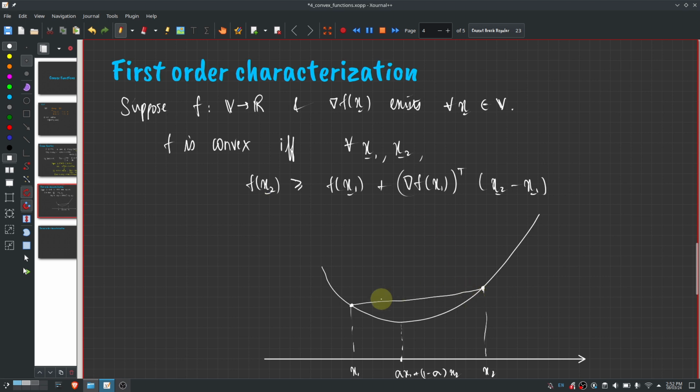So the convex combination of f of x1 and f of x2 would basically be some point over here, right? So this quantity is defined for any function, right? You could always define this even if the function is not convex.